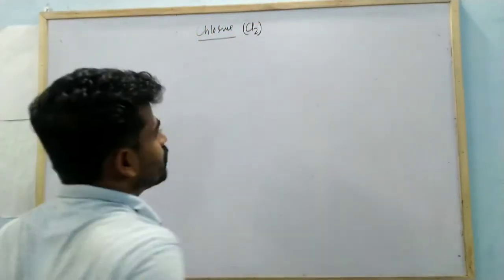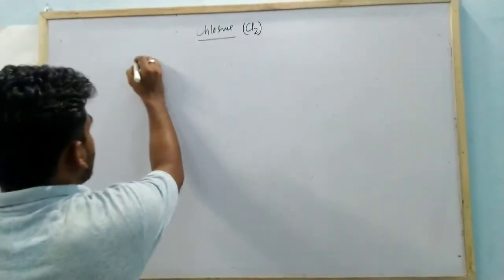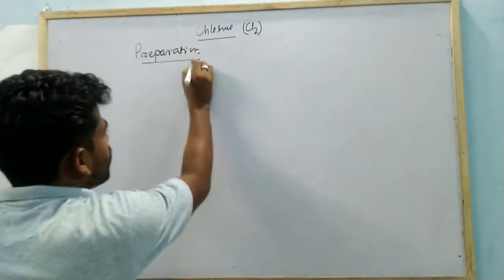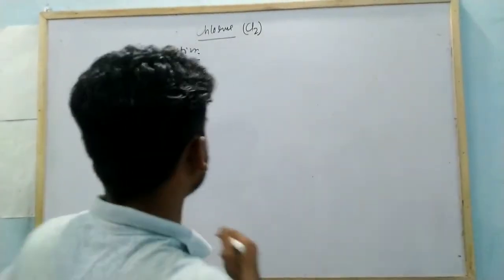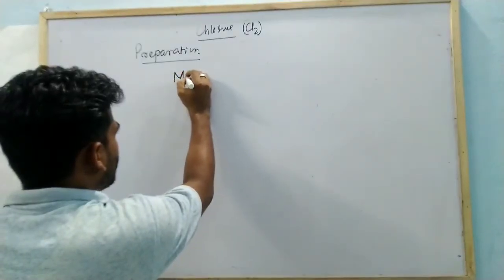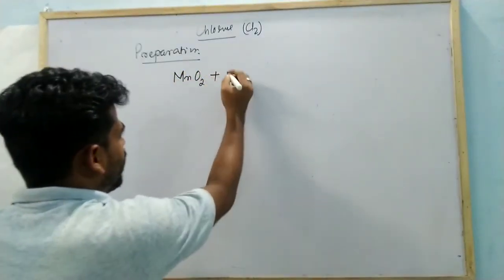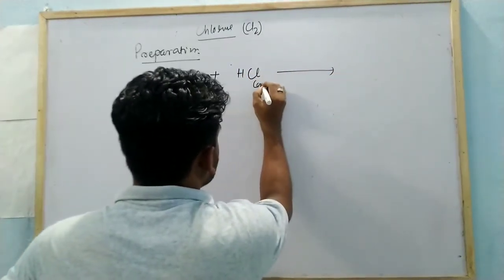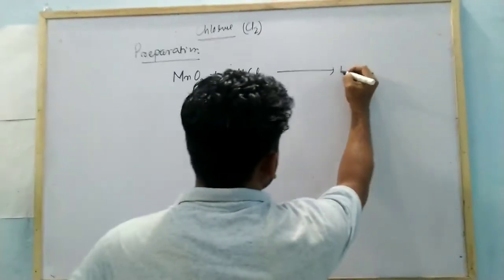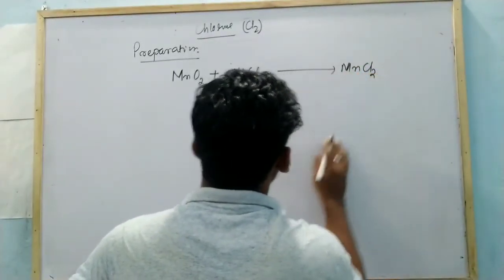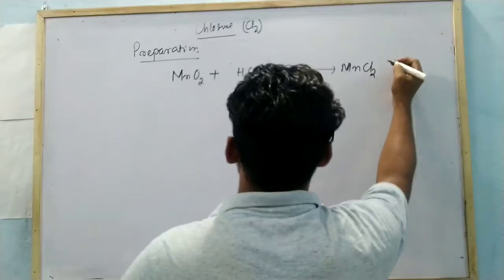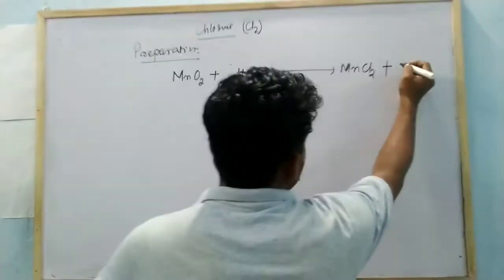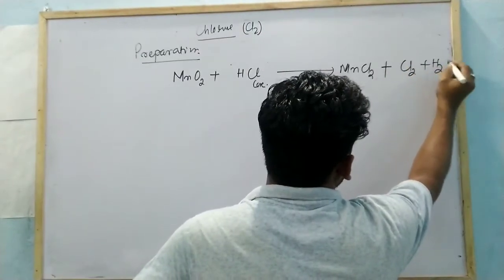Next, I need to discuss chlorine, Cl2. Laboratory preparation: how do you prepare chlorine? Just take an oxidizing agent like MnO2 and add concentrated HCl. Then you will get MnCl2 plus Cl2 plus H2O.